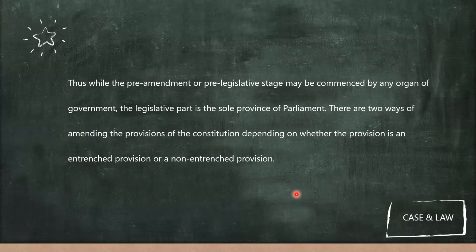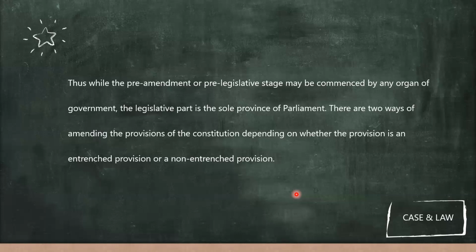So the president may also say something about it, and then a bill could be put before Parliament, amending a particular provision. Now, quickly, there are two ways of amending the provisions of the Constitution. Then again, it would depend on whether that particular provision is entrenched or non-entrenched. And this is very, very, very important.